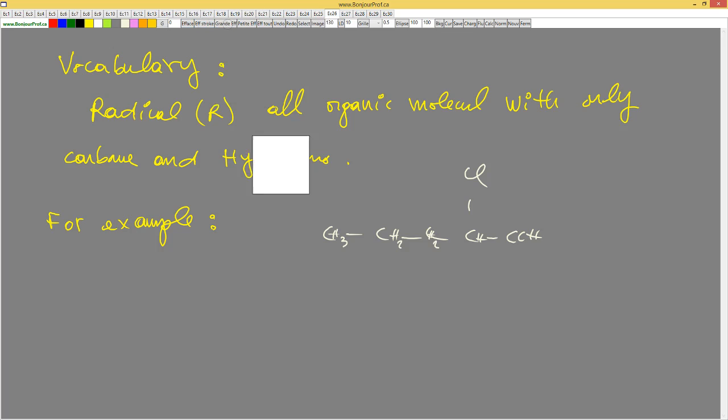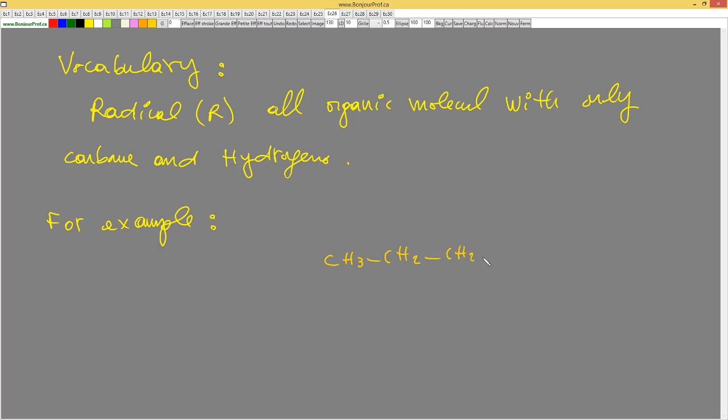So I'm going to write it clearly so that you can see. CH3, CH2, CH2, CH, CH3, and I have here chlorine, for example. So all this one here, we call it R. All that stuff, we call it a radical, and we're going to represent it by R. In the end, this molecule will be RCl.